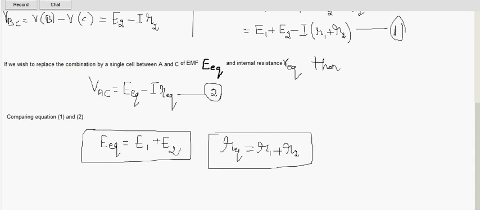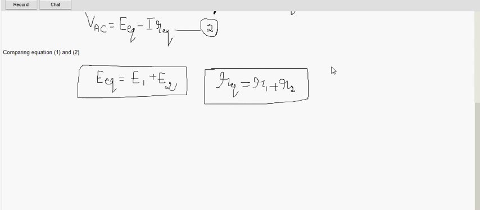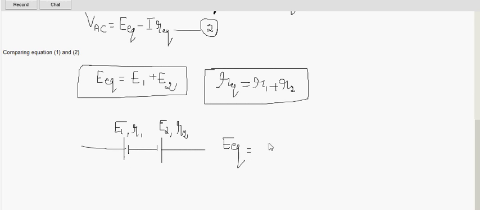So if we connect the cells in the reverse way, for example in this way, this is E1, R1, E2, R2. In this case E equivalent will be the difference between the two EMFs, E1 minus E2.